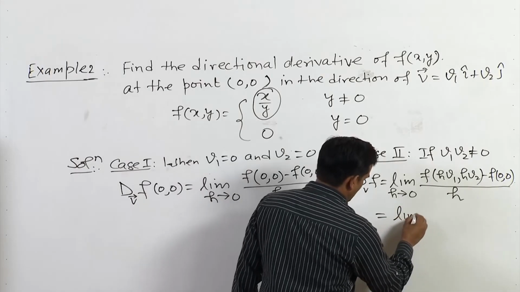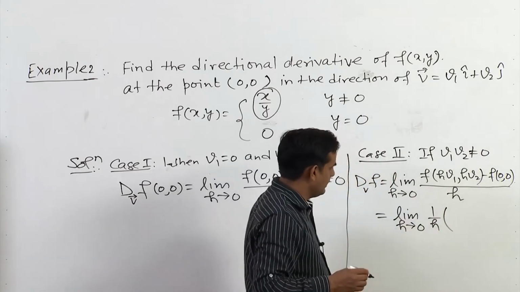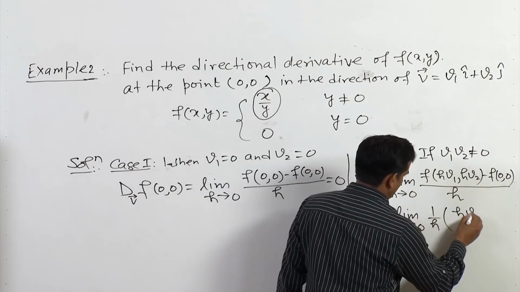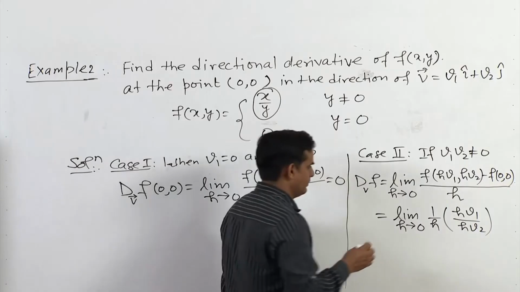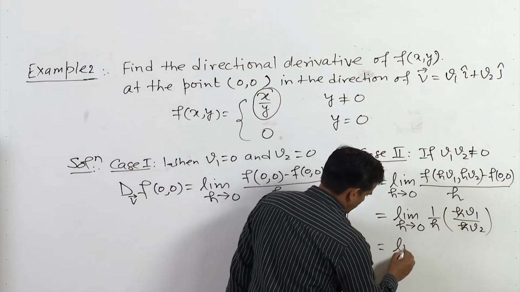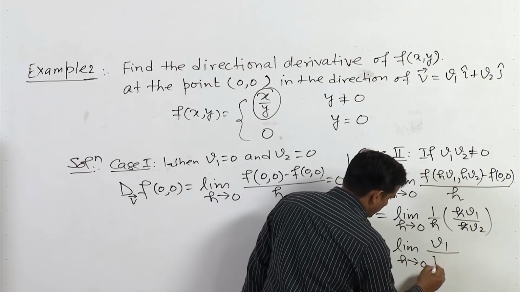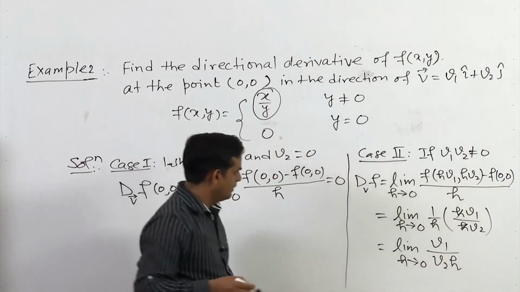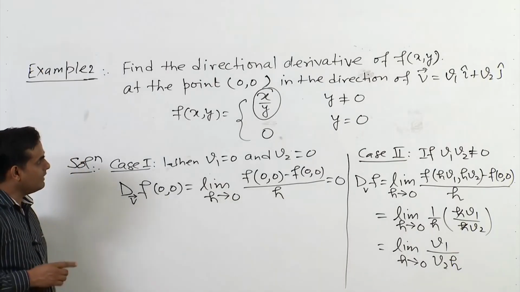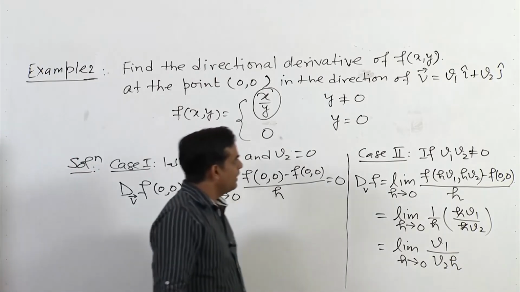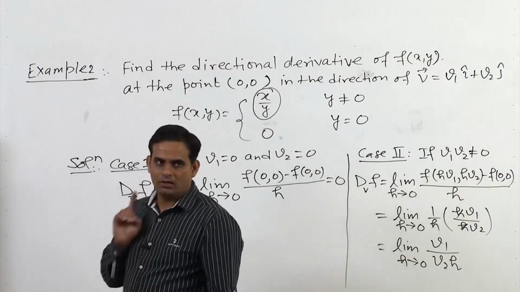So it will become the limit h tending to 0 of 1 upon h, I have taken this h out, of h v1 upon h v2. So the limit h tending to 0 of v1 upon v2 h, and you know this limit does not exist. Hence, the directional derivative of this function in the direction of a vector v1 i plus v2 j, where v1 and v2 are both non-zero components, does not exist.